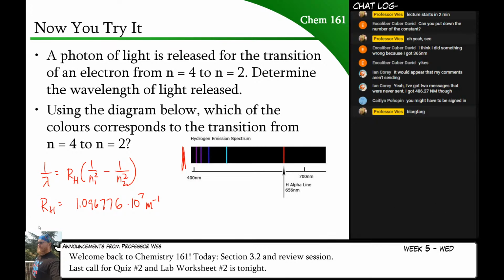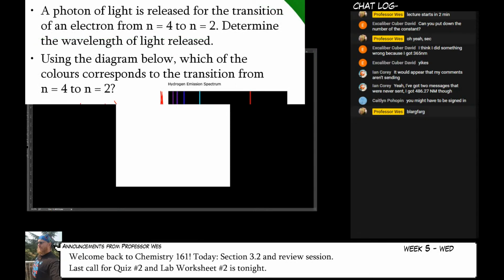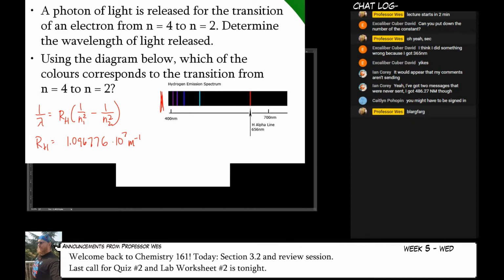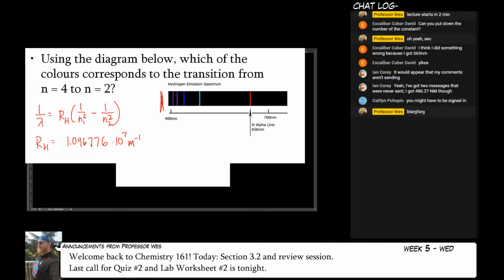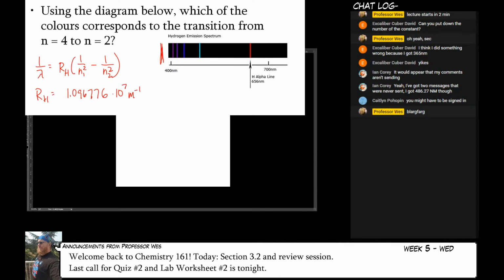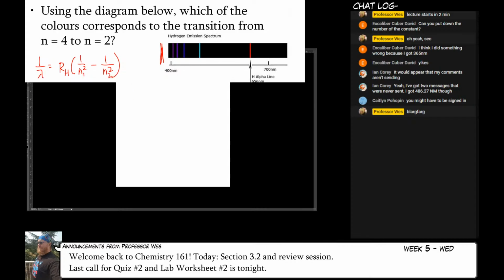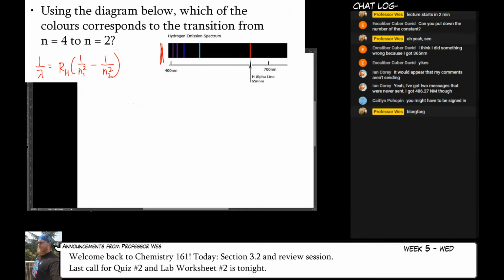Okay, so let's go over the answer here. I'll just leave the formula on the screen. All right, so we want to do n equals 4 to n equals 2. That glitched out for some reason.